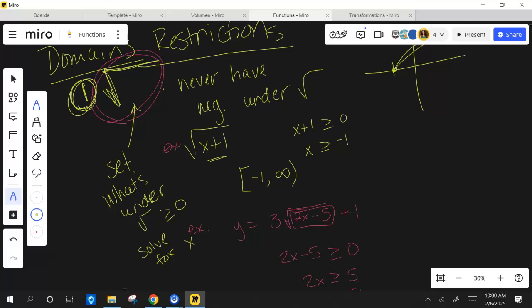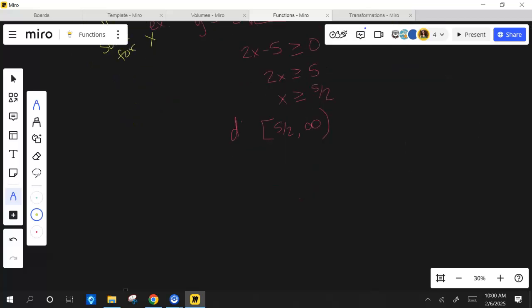If you've got the square root of x plus 1, and I plug in -1 for x, it's 0. I just can't have a negative under the radical once I'm simplifying. It does not matter what else is in there.